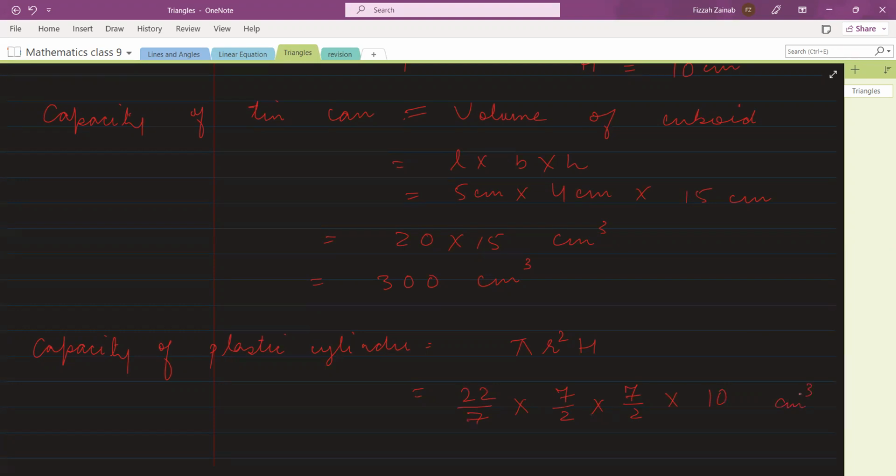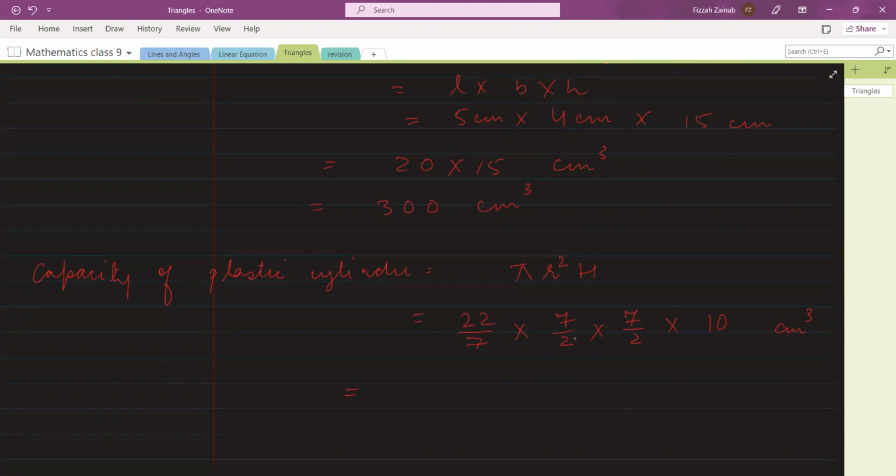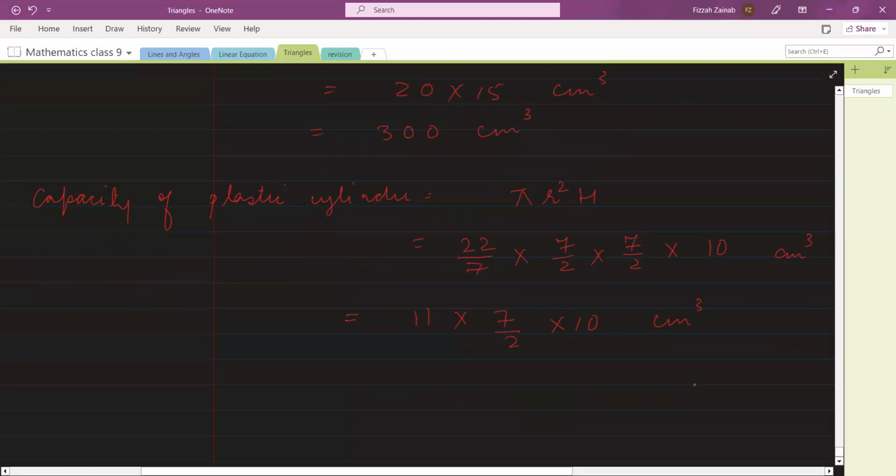Clear? 7 can cancel out. And this 1 2 you can cancel here, so it will become 11 into 7 divided by 2 into 10. Is that okay? This also you can cut, so 2 into 1 and 2 into 5.